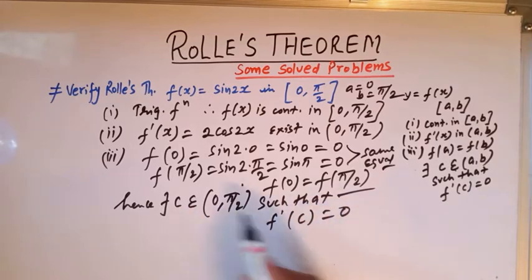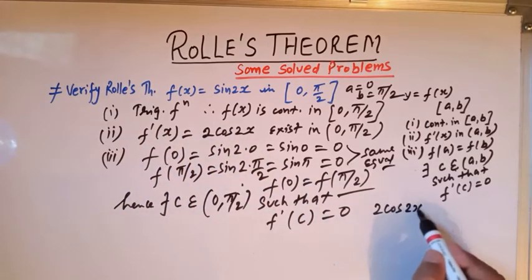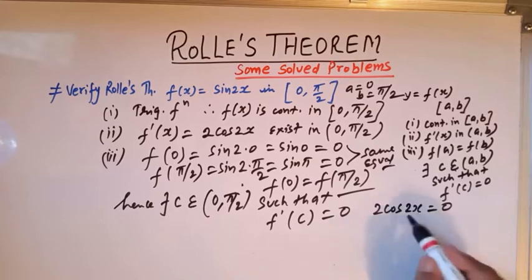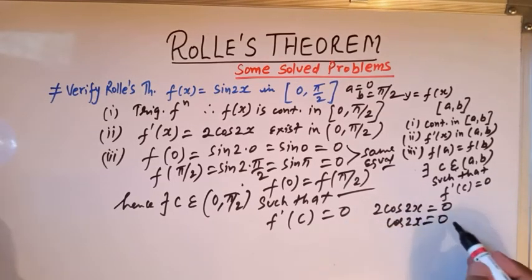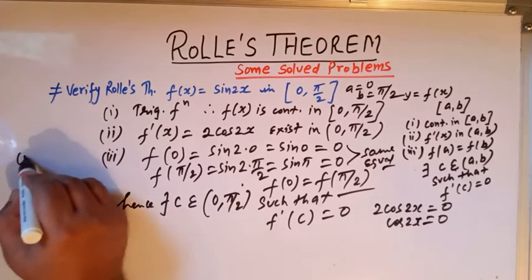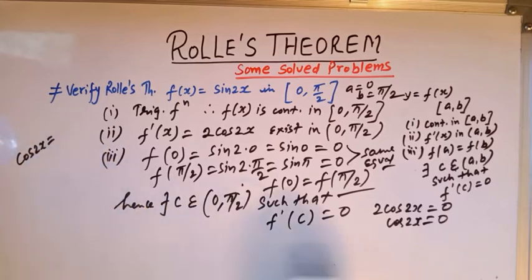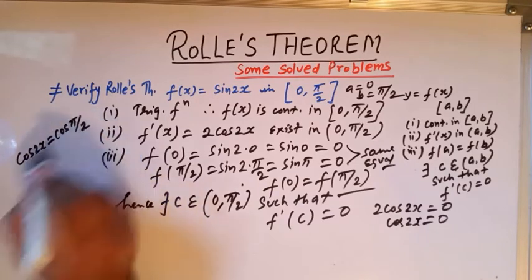And viewers, f'(c) means 2 cos 2x equal to 0. So we have cos 2x equal to 0, and since cos of π/2 is 0, we can write cos of π/2.